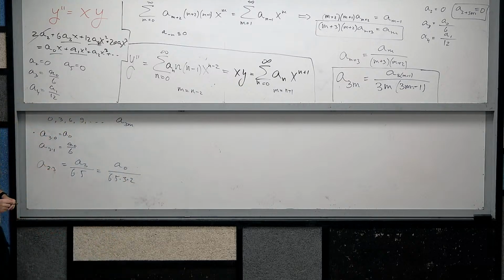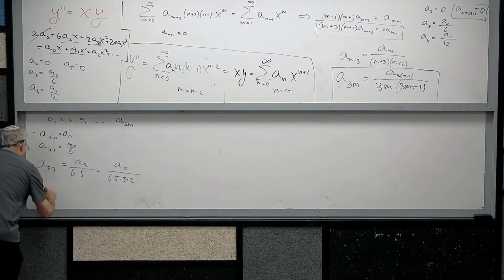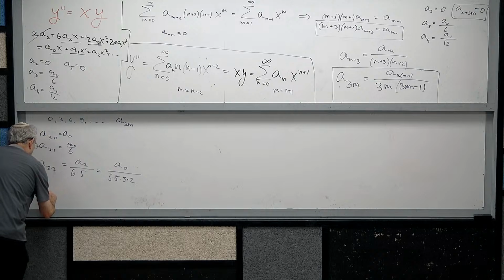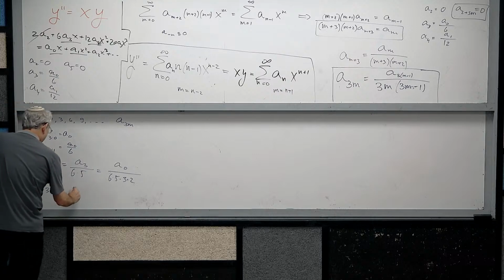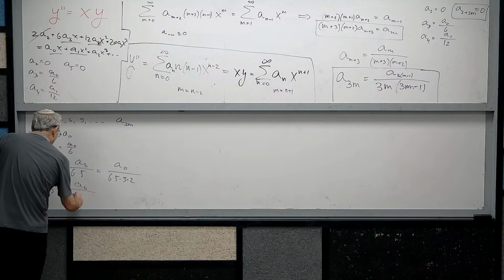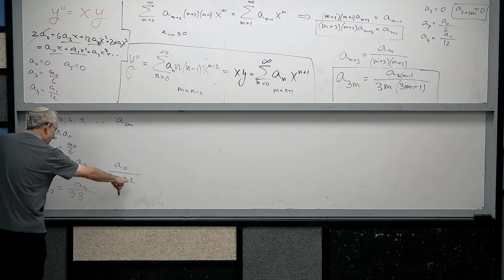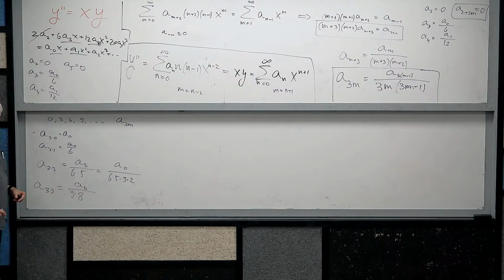Okay? And can you now tell me what is a, this was 6, so what will be a9? 3 times 3. a9. What will be a9? A0 divided by 9 times 8 times 6. Oh, times okay. 8. So you see the whole structure, right? This will be a6 divided by 9 times 8, so you have to add it to this. Right?